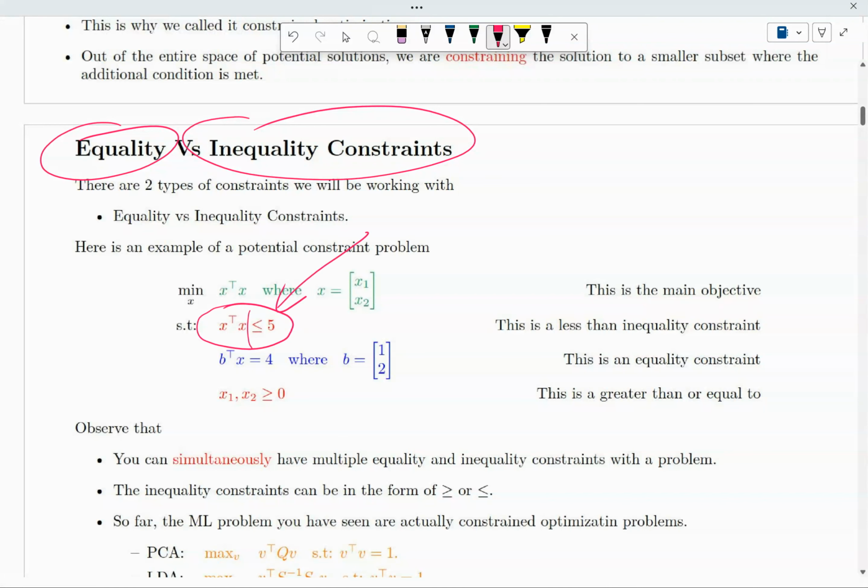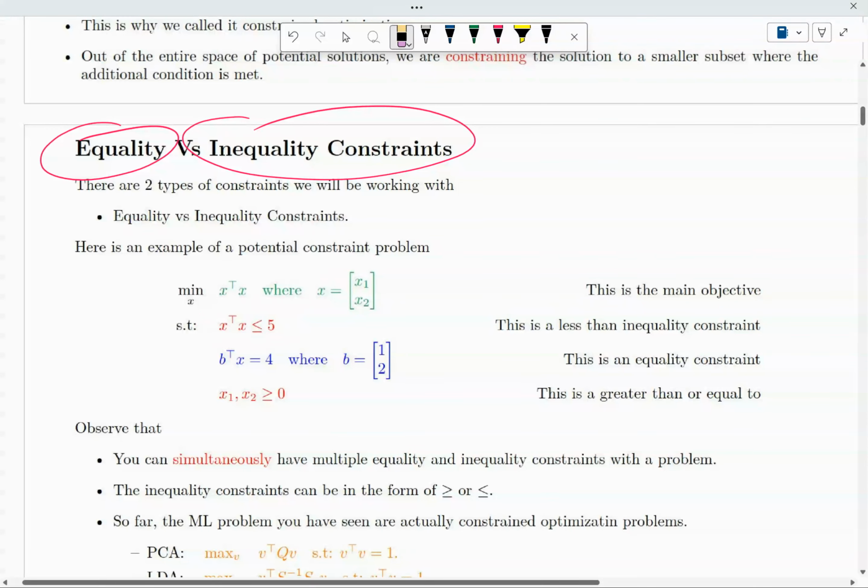And the values x1, x2 have to be greater than 0. Both of these are called inequality constraints. And then an example where b times x equals 4, and b is equal to this. This is an equality constraint. It's saying that this has to be true with equality.